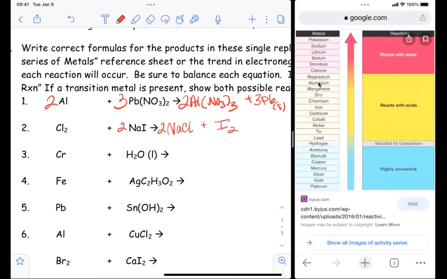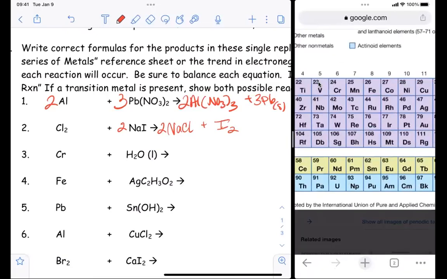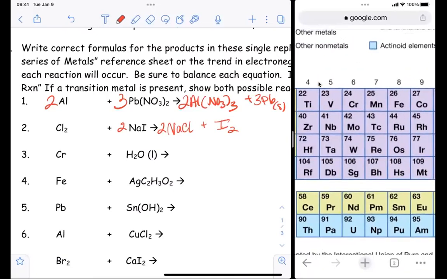Now here's where it gets tricky, because on the periodic table, not this one, but on the one that I have, chromium has 3 different possible charges, 2, 3, and 6. So you're going to form chromium hydroxide because it's going to replace one of the hydrogens, not both. Okay, that's important to remember.